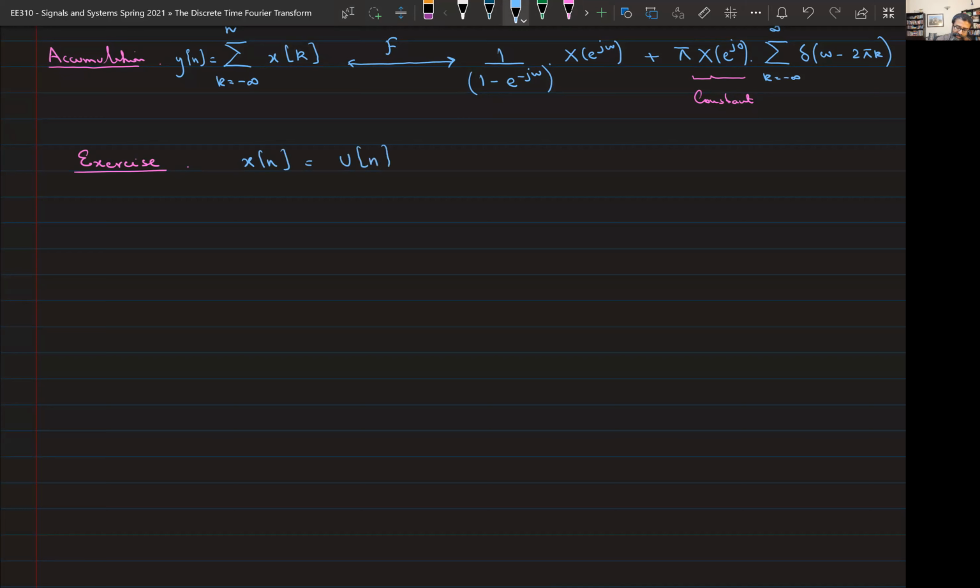And you are required to find the Fourier transform of this unit step. Now, the Fourier transform for this does not converge. So this is something I should have mentioned here earlier as well. So x of n is not absolutely summable. What I mean by that is the following.